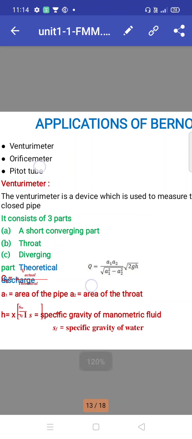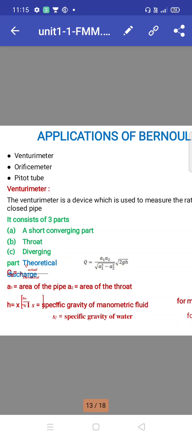Then applications: what are the applications utilized in Bernoulli's equation? Venturimeter, orifice meter, pitot tube. These three applications of Bernoulli's equation are utilized for the analysis of rate of flows.